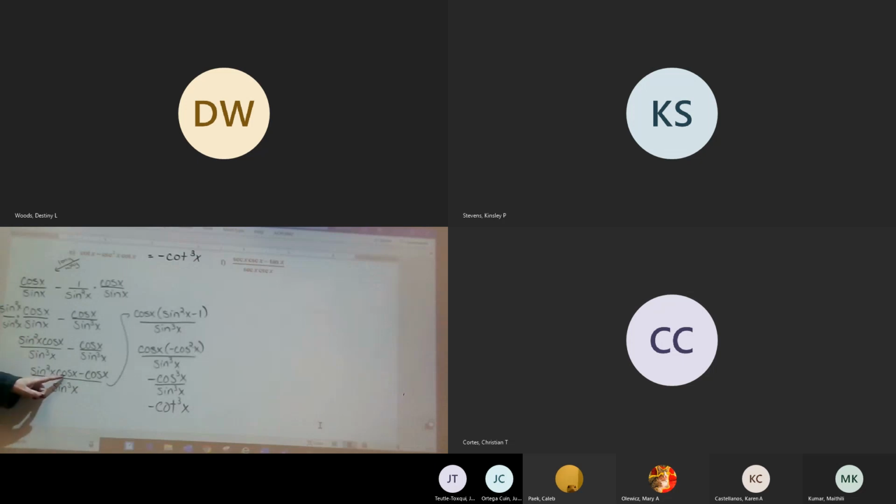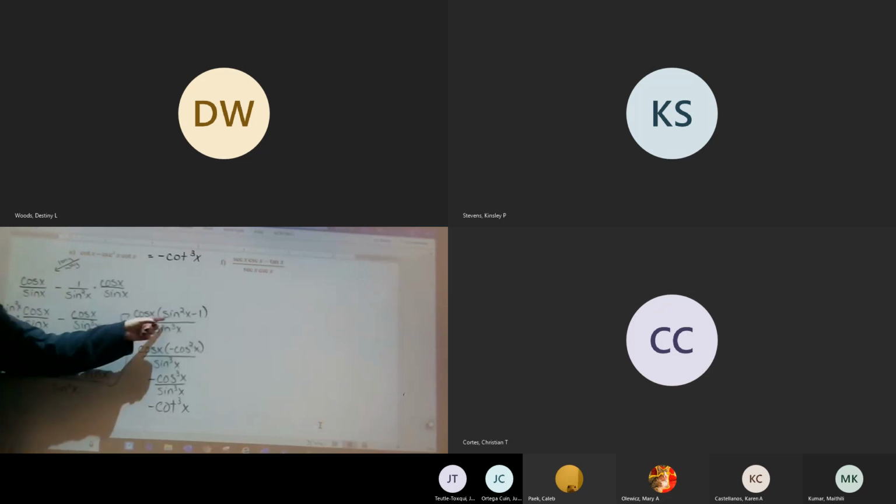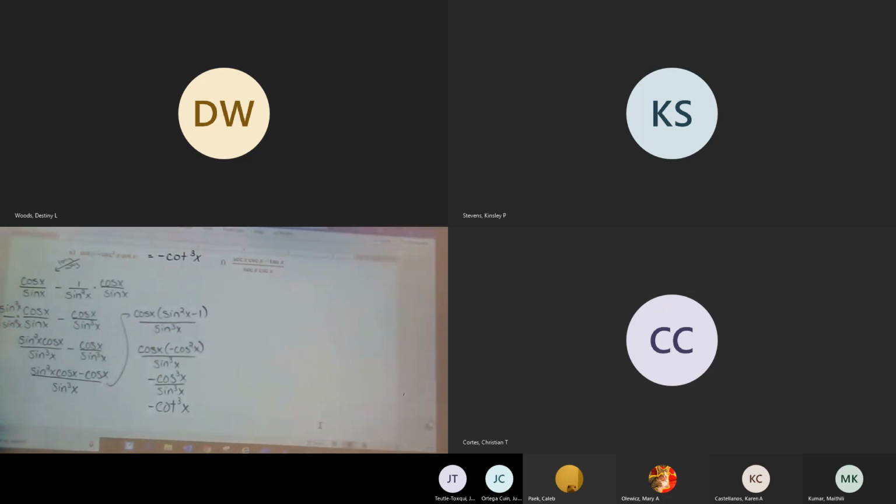I then noticed that it's a binomial with a cosine, so I factored the cosine out. And then I hit a little bit of a snag, because if you look on your sheet with all your identities, the identity for this term is 1 minus sine squared x. So 1 minus sine squared x is going to be cosine squared x.